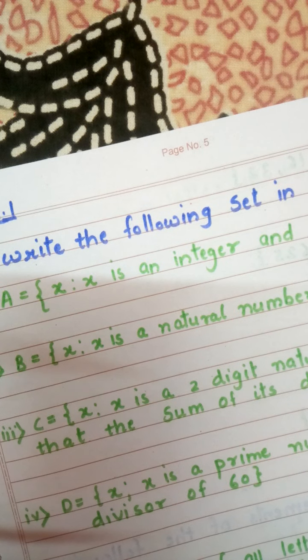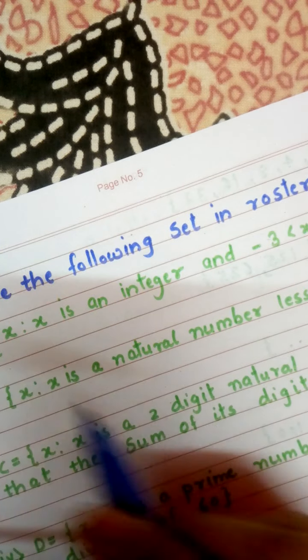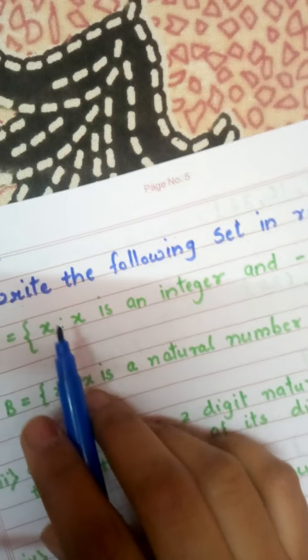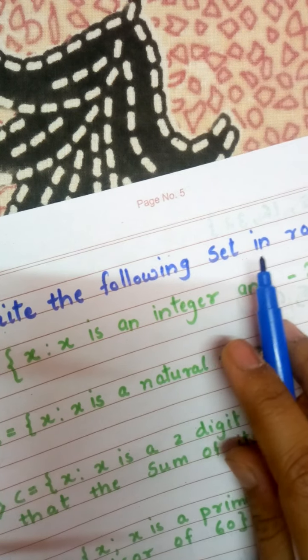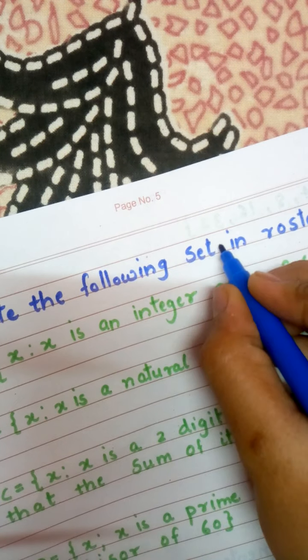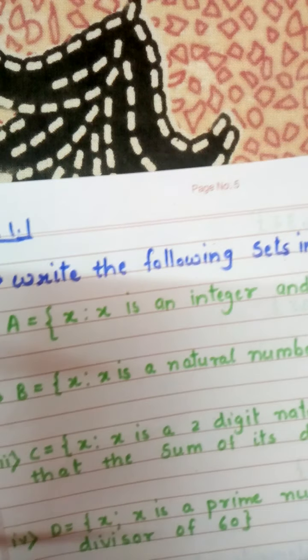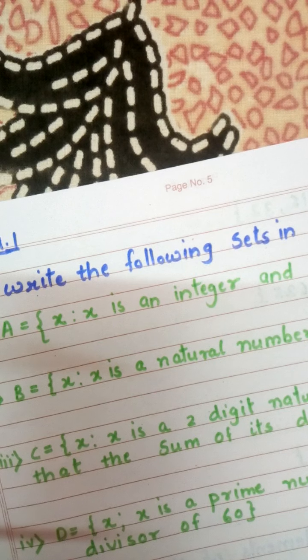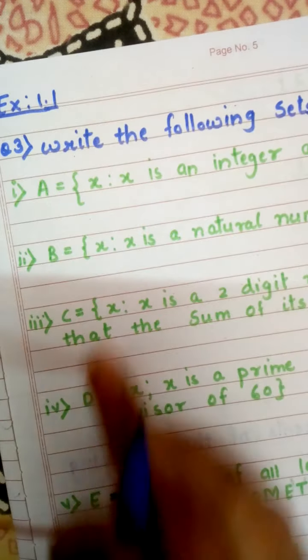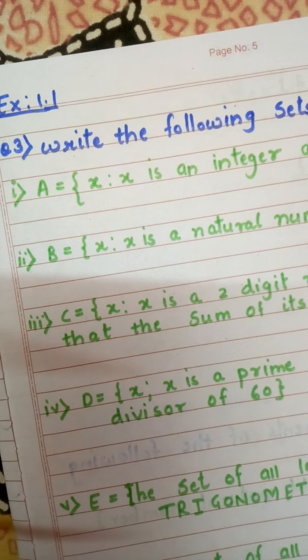So question number 3 says that we have to write the following sets in roster form. Okay, so now here they have given all the sets in set builder form, and now we have to write them in roster form.